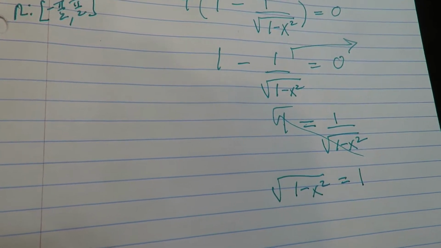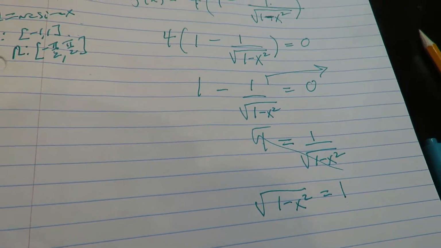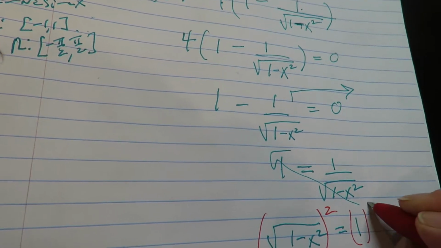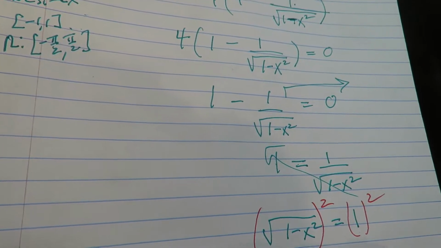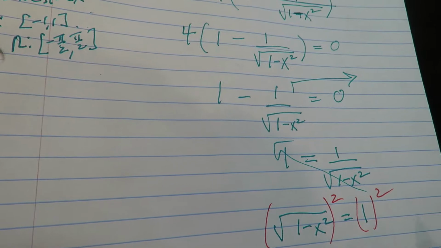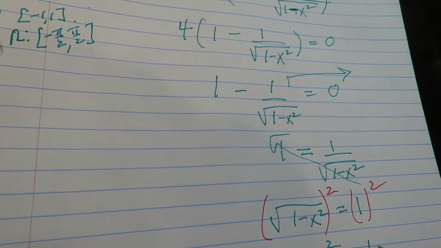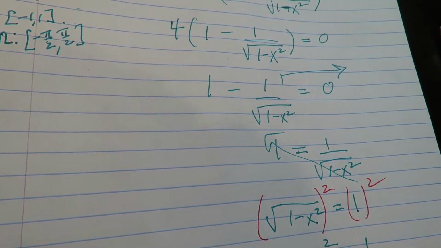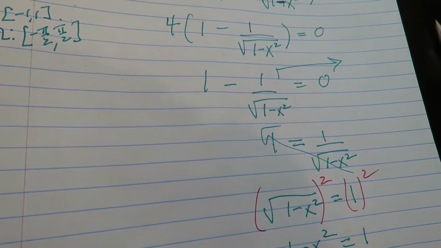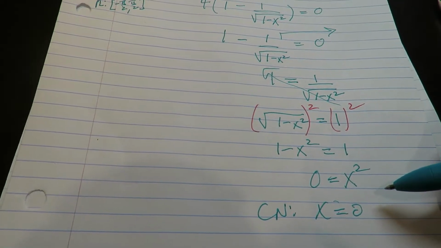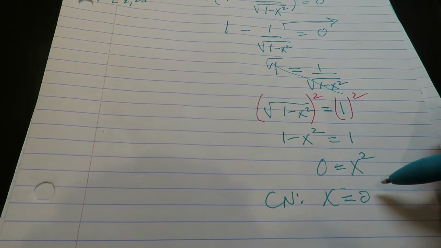Then we can square both sides. I'm going to bring the x squared to the right, the 1 to the left. Okay. So when you do all the algebra, you're going to get here that the critical number is 0.